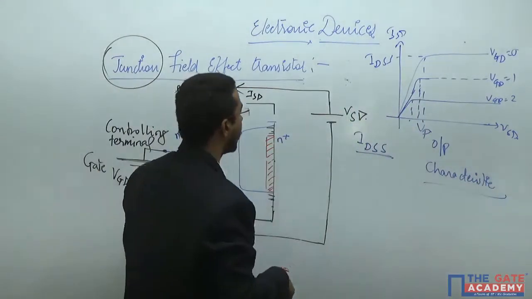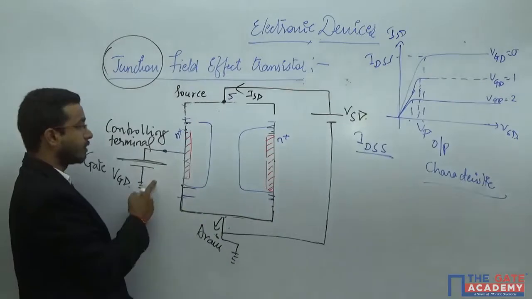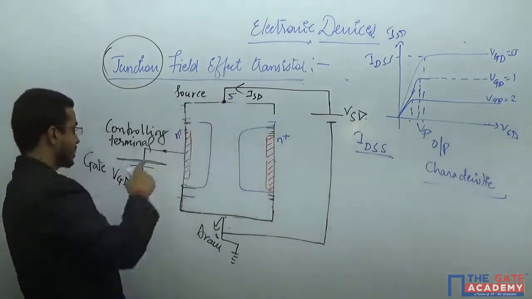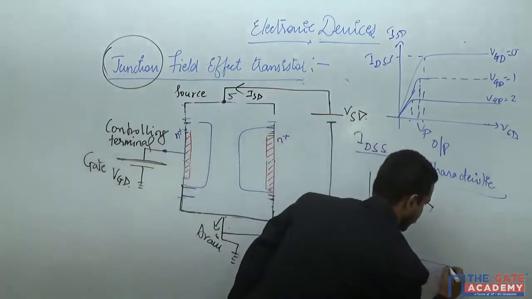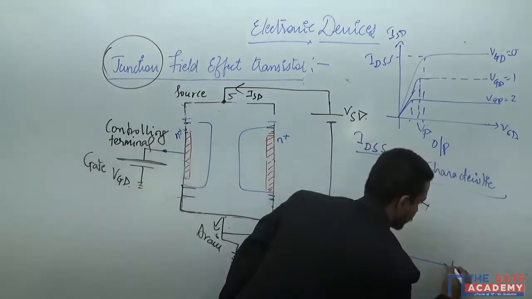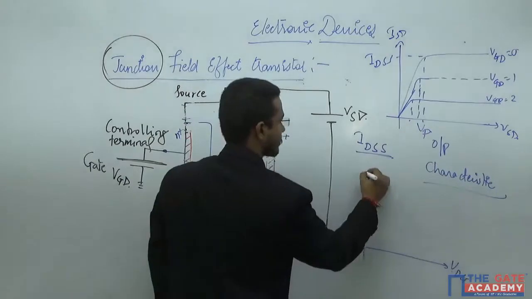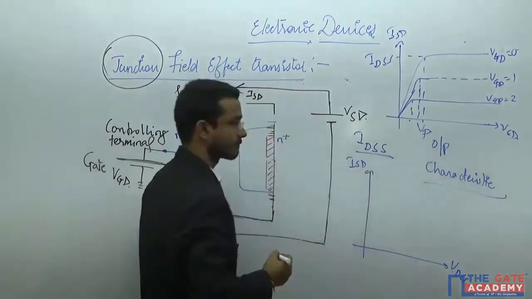Now I want to see how this current is changing with respect to this. That means IDS versus VGS.